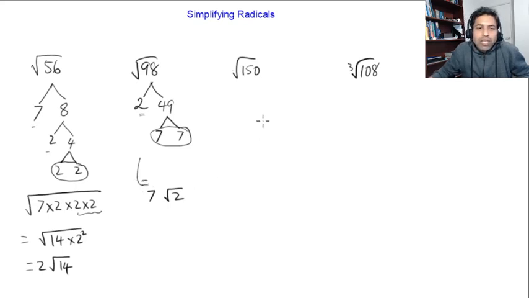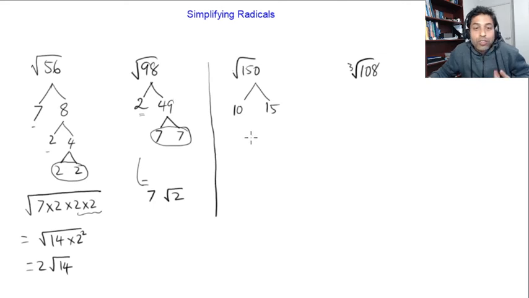Now let's look at the next one, square root of 150. Again, you can think about 10 and 15. 10 times 15 is 150. If you're not comfortable with dividing by 2, you can do it like that, and then split this one. 10 is 2 times 5, and 15 is 5 times 3.